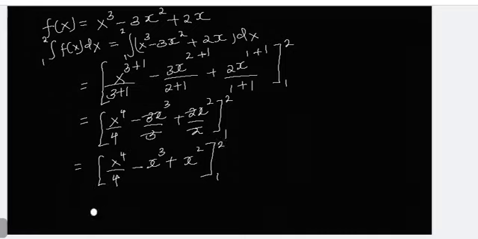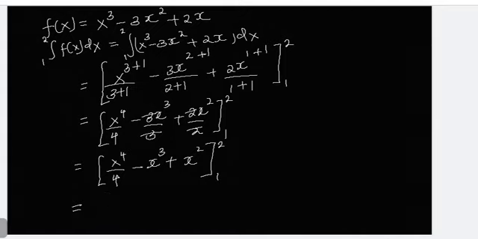And of course, to be able to proceed, we'll have to substitute the values of x, and the higher value or the upper limit will be 2. So we'll substitute 2 in the entire equation.